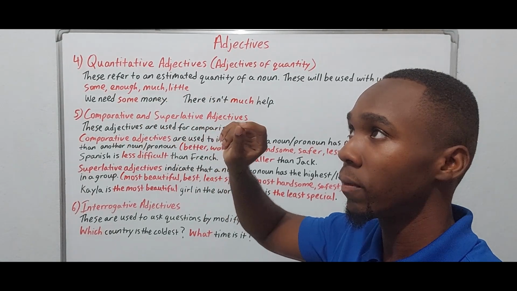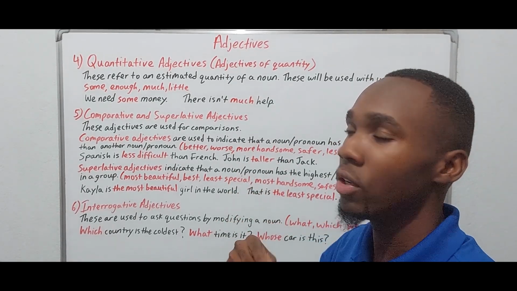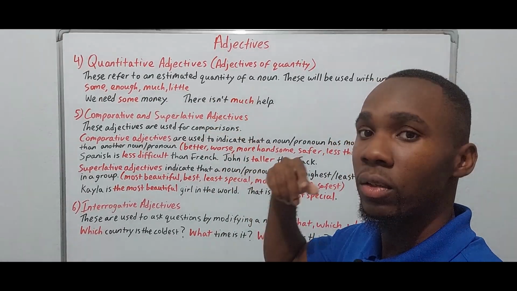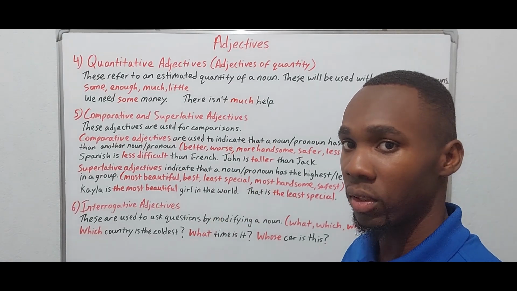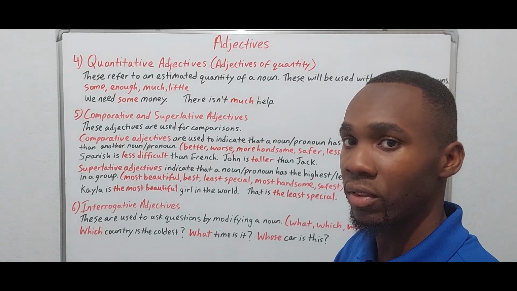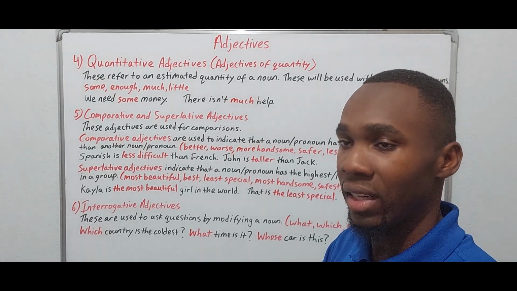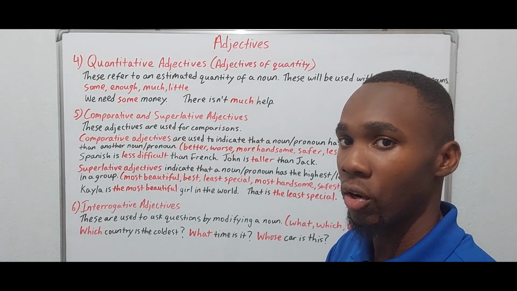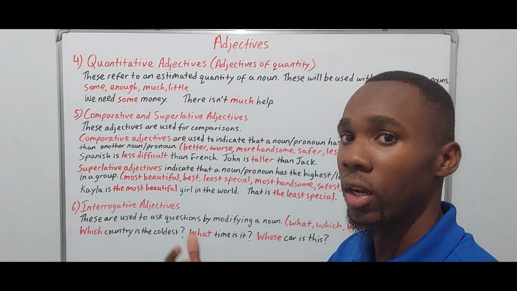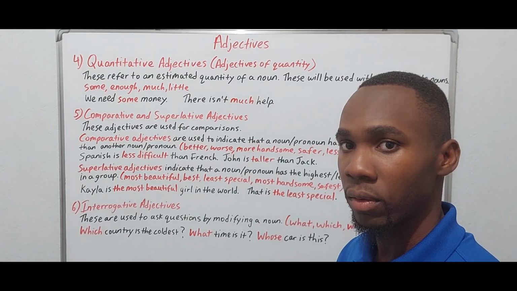Now, in the previous example, you would have seen the use of some. Then we did indefinite numeral adjectives. So what is the difference? The difference is that quantitative adjectives would be used with uncountable nouns. That's the difference. Because indefinite numeral adjectives are numeral adjectives, and those are used with countable nouns. So even though indefinite numeral adjectives are going to be imprecise, okay, they are used with countable nouns. So this is why we can use many, few, etc. Right?